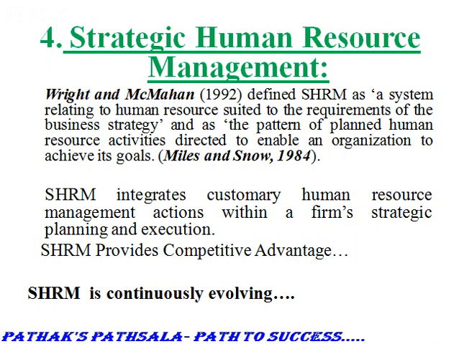Wright and Macmillan define strategic human resource management as a system relating to human resource suited to the requirements of the business strategy. Miles and Snow defined it as the pattern of planned human resource activities directed to enable an organization to achieve its goals.